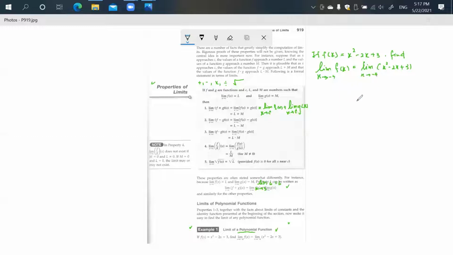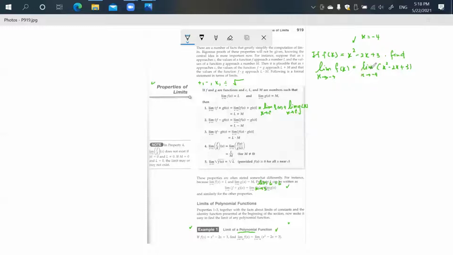In this case, because it's a polynomial function, if the question did not request you to show the work, for example like a multiple choice, like in the SAT, it's really easy. You just replace x with negative 4 and then simplify.